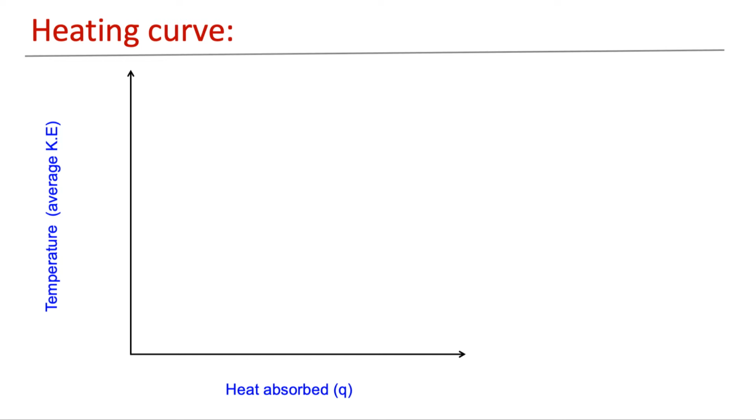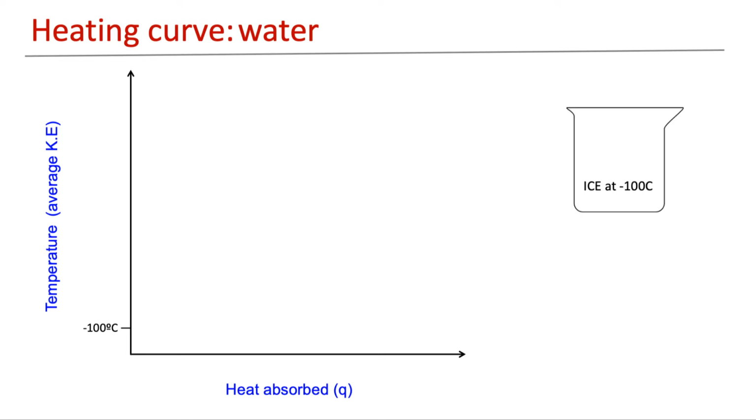Let us now draw the heating curve for water. Let us say we just took some ice out of the freezer and placed it inside a beaker. The temperature of the ice is at -100 degrees Celsius. And we slowly add heat to the ice by placing the beaker on a Bunsen burner.